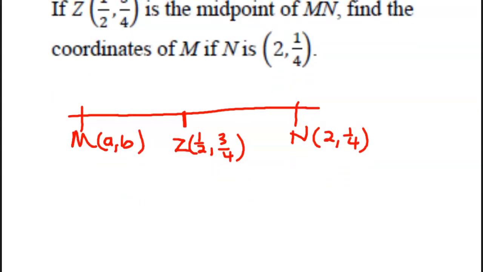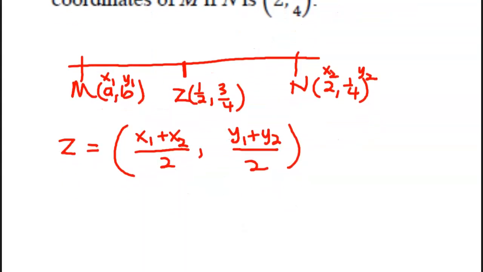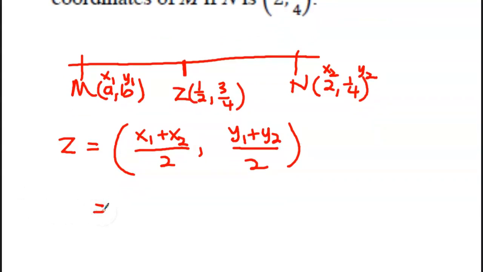According to the formula for the midpoint, let's label this one as our first value of X, first value of Y, second value of X, second value of Y. So this is equal to, you add the X components and divide by 2, you add the Y components and divide by 2. So let's do the substitution.